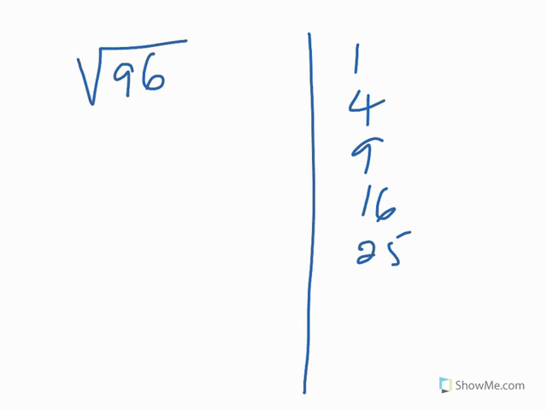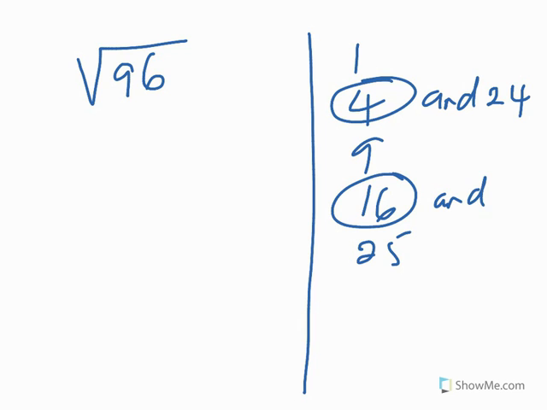But if we look at this situation here, we see that 4 can go. 4 is a factor of 96. We have a 4 and a 24, and we also have a 16 and a 6.